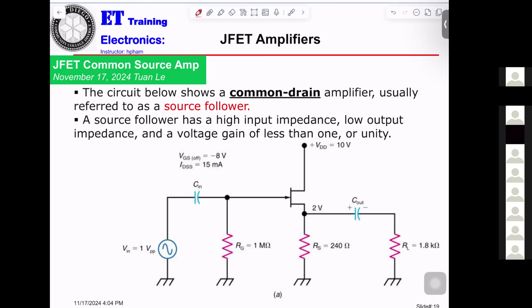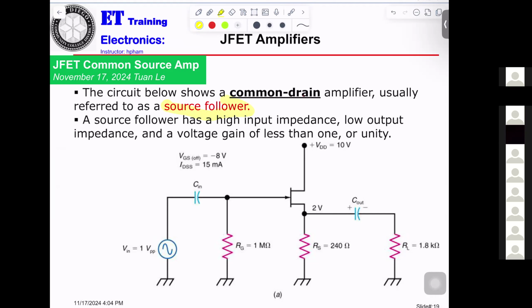Just to remind you here, the circuit below, common drain amplifier, usually refers to source follower, either name.